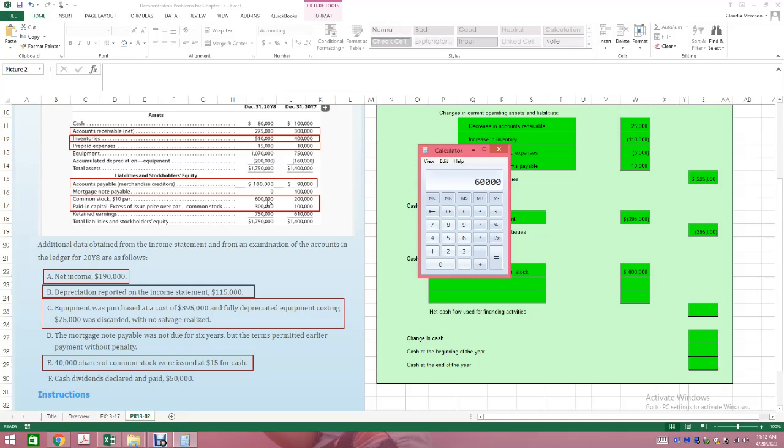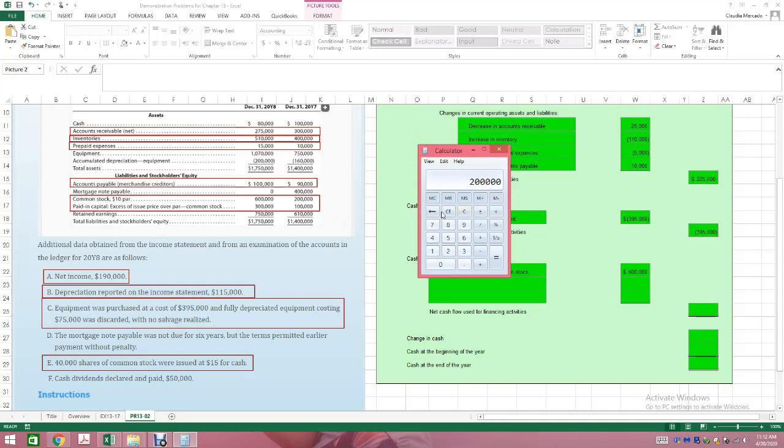Here we go. 600,000 minus 200,000. That's an increase of 400,000. So jot that number down. 400,000 increase in my common stock account. And then in paid-in capital we went from 100,000 to 300,000, so we had an increase of 200,000.